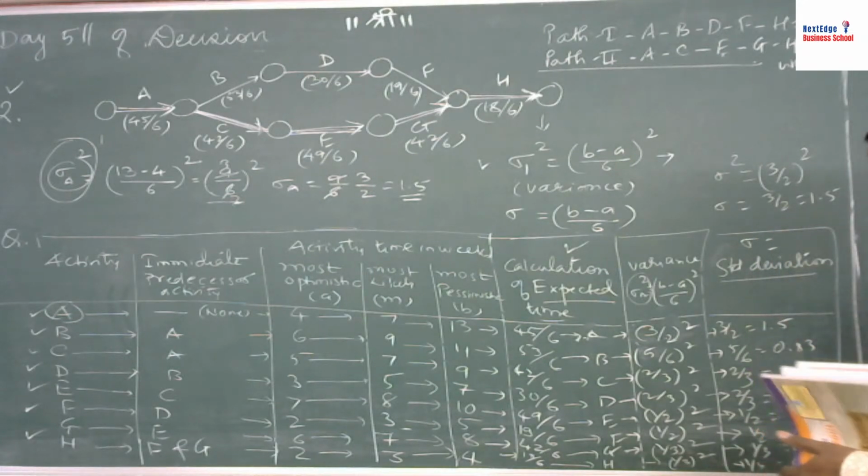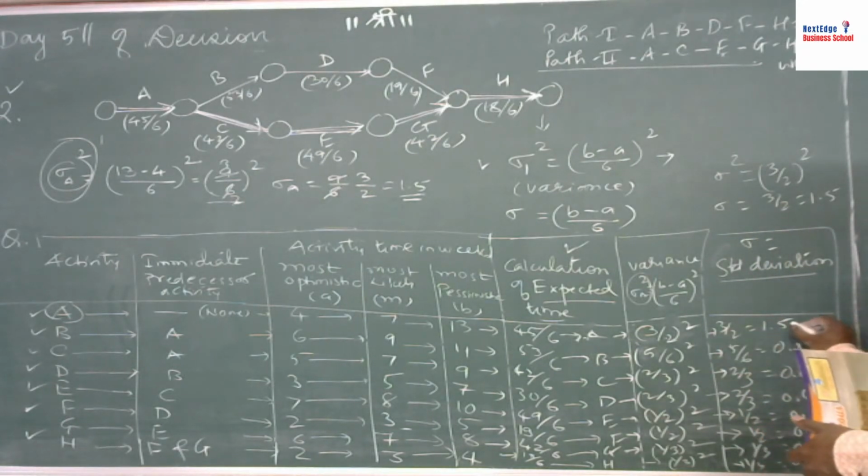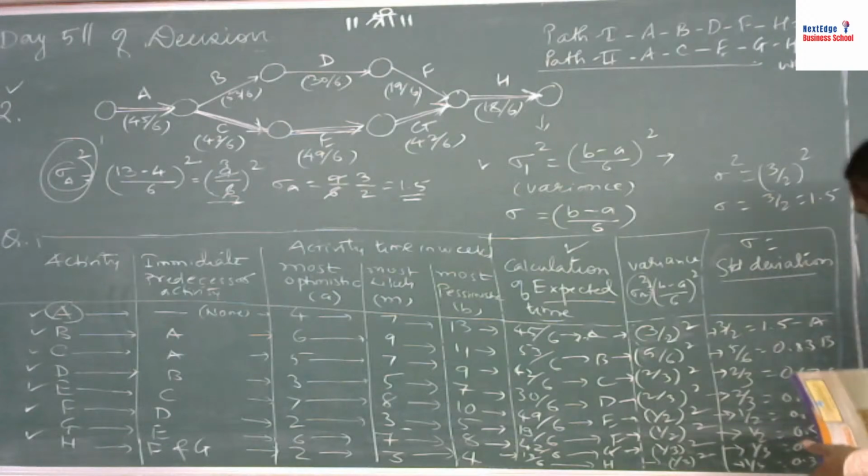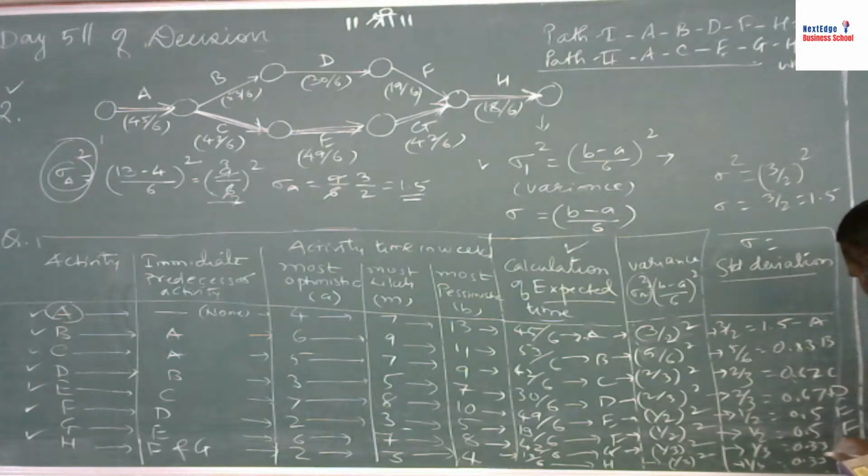So I am repeating the last column value, standard deviation की. Sigma is equal to, for A it's 1.5, for B it's 0.83, for C it's 0.67, for D it's 0.67, for E it's 0.5, for F it's 0.5, for G it's 0.33, and for H it's 0.33.